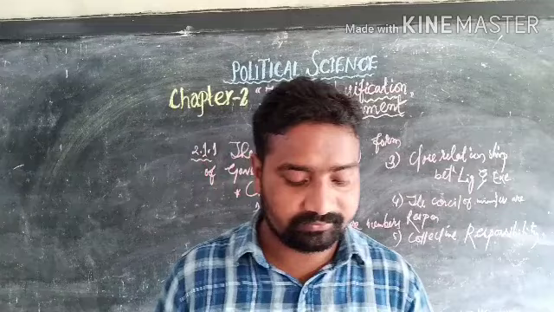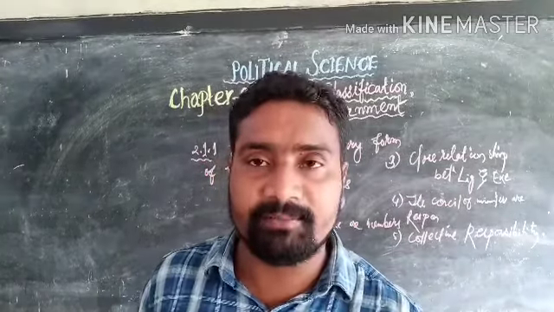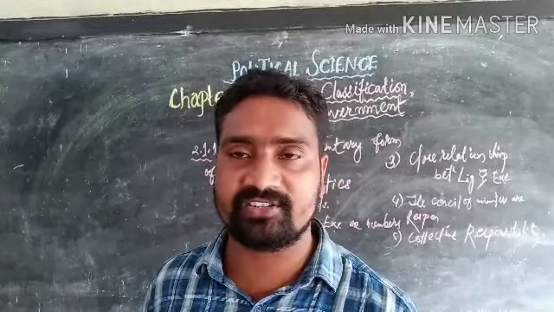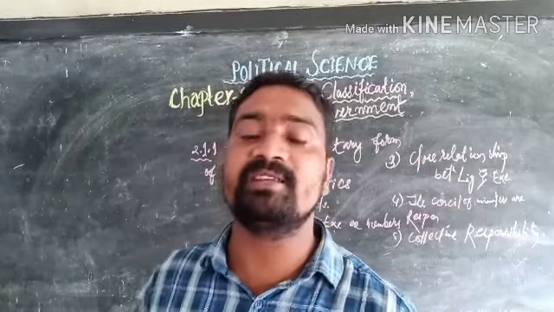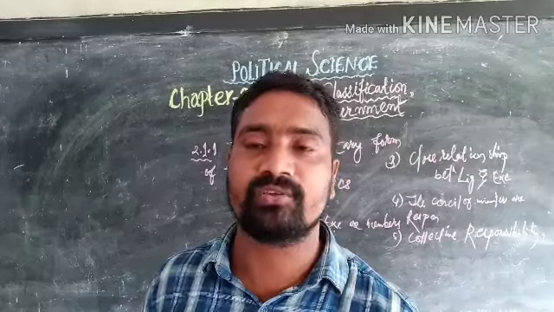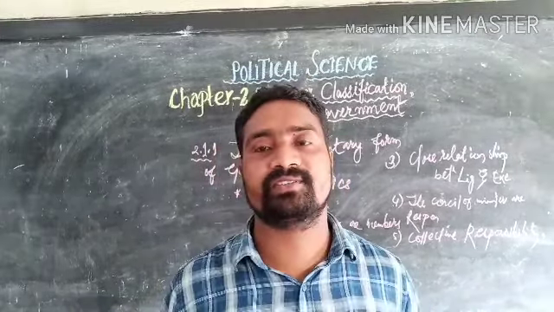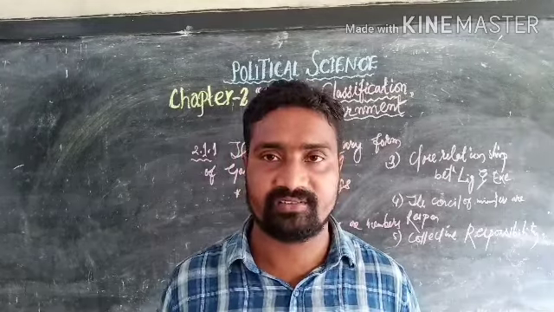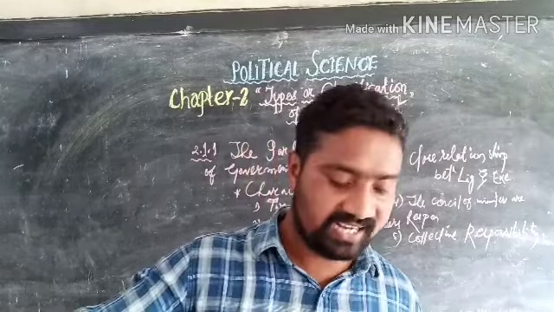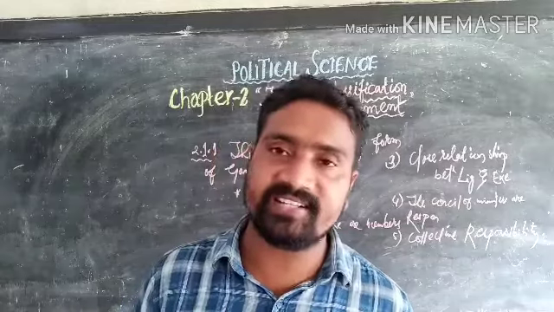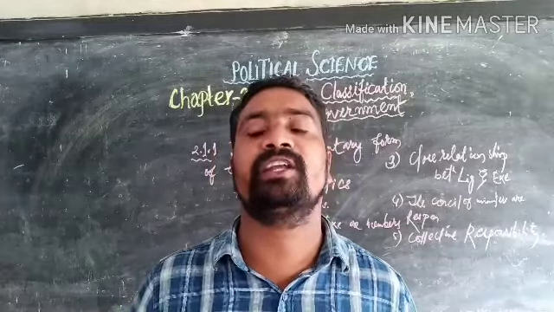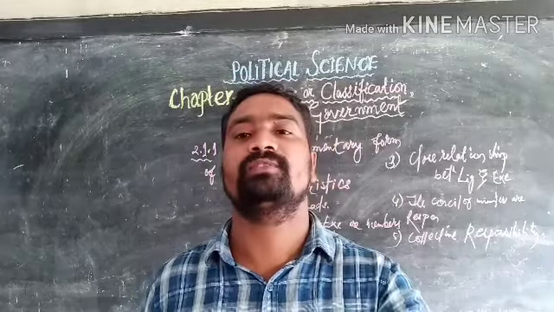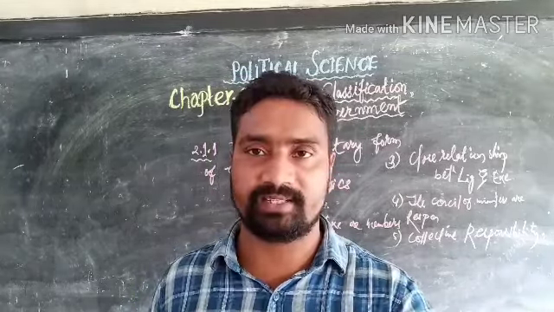Now, for example, the government has to listen to what the media persons are saying, what an individual expresses, because our constitution gives us the fundamental right, that is right to expression. So the government has to listen and act according to the public opinion, the wish, the views of the public.